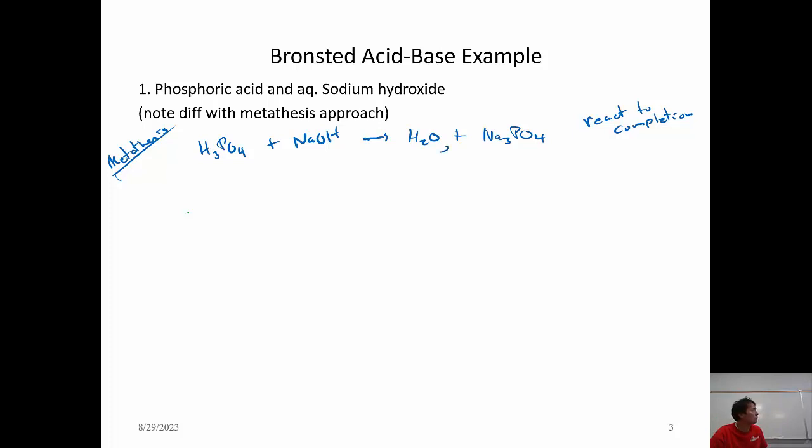Water is a liquid. Sodium hydroxide is a sodium salt. It's soluble. Phosphoric acid is group 1, so that's soluble. What about sodium phosphate? Does that precipitate? No, sodium salts are all soluble. So there's no precipitate. So what else do we look for in terms of driving force?